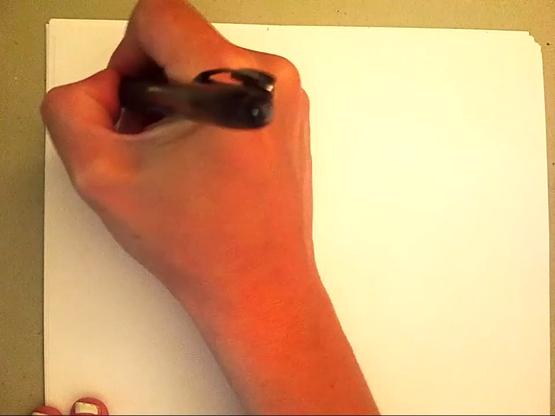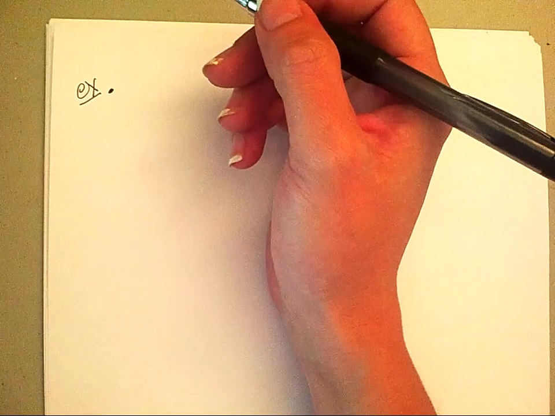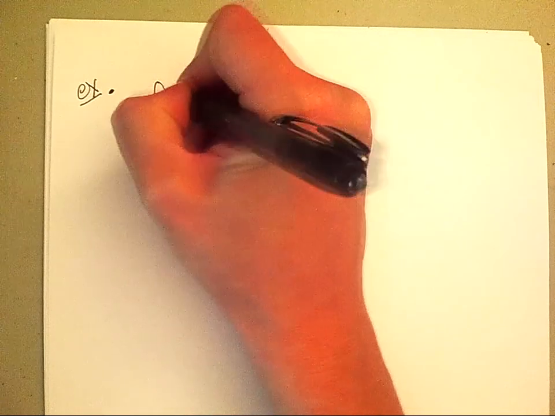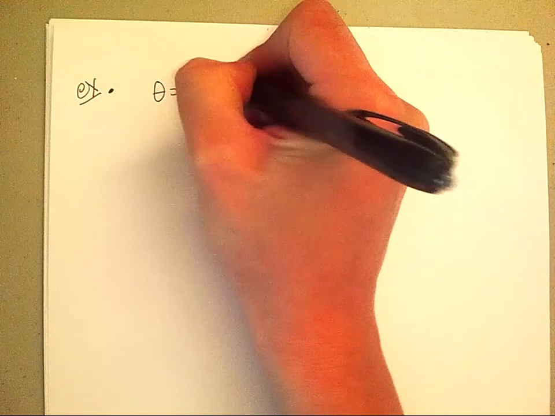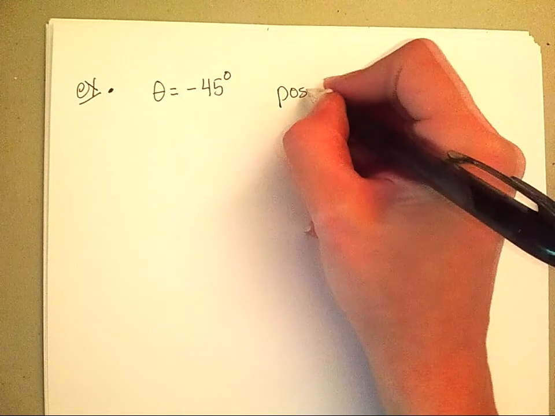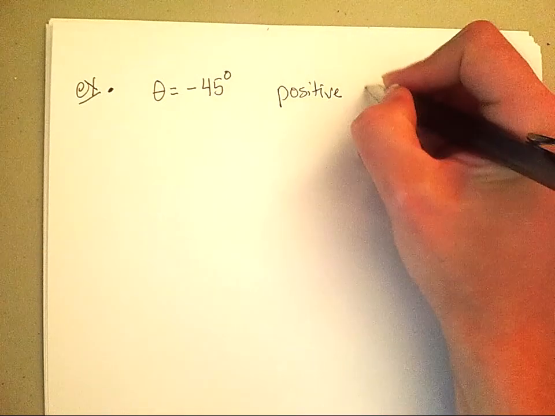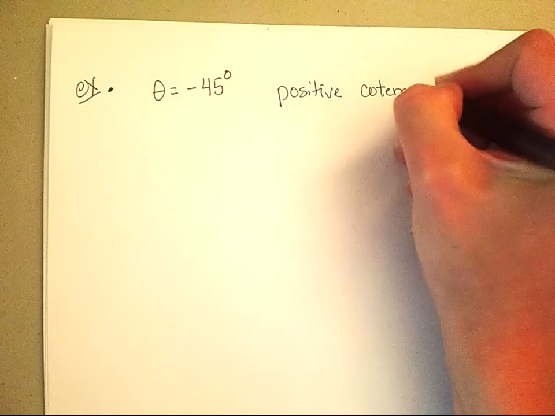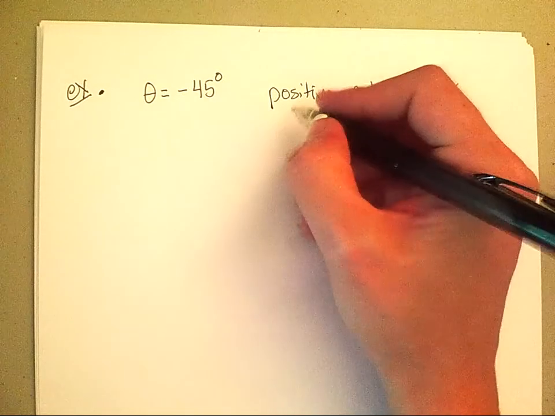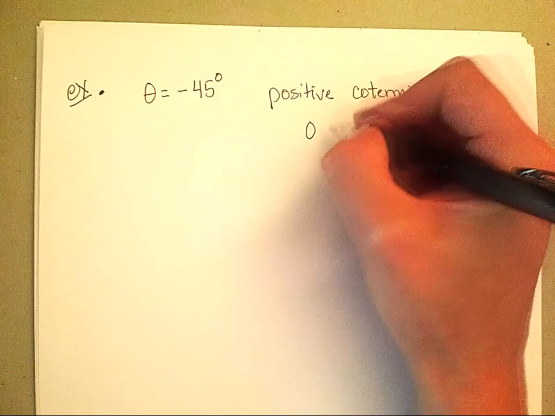So for example, let's say we have an angle theta which is equal to negative 45 degrees. I want to find a positive coterminal angle in one rotation.